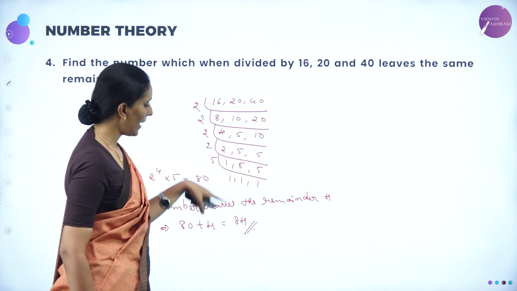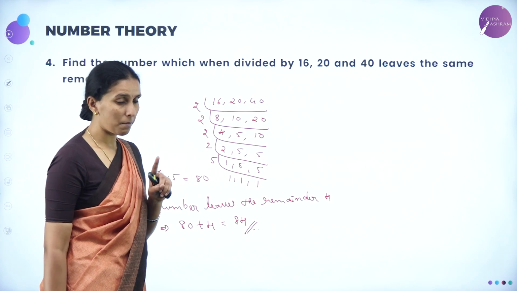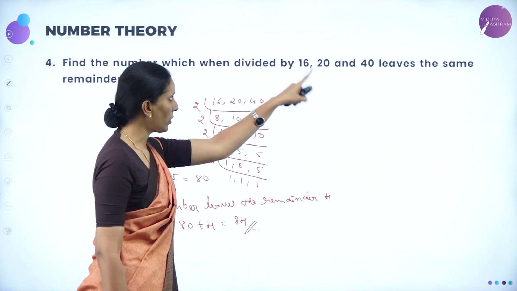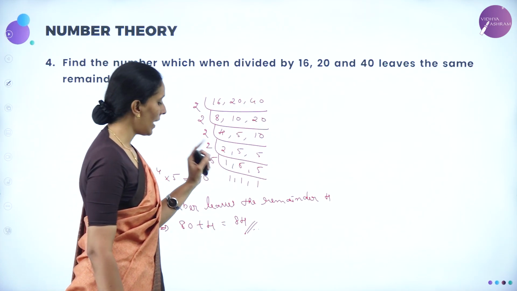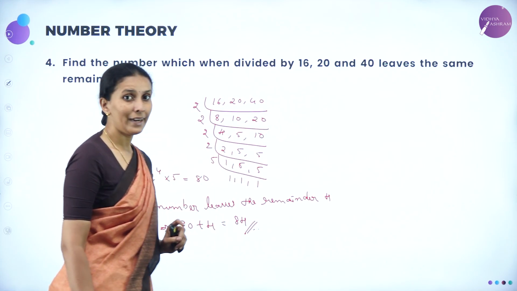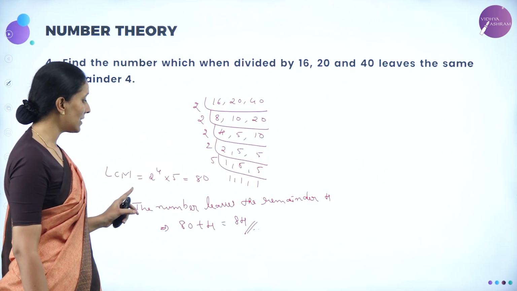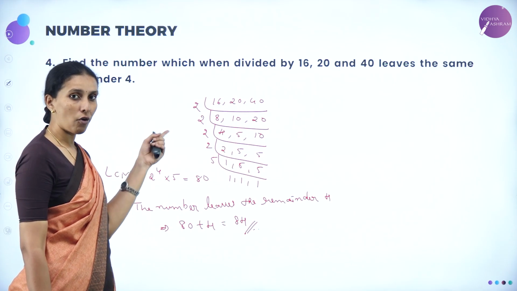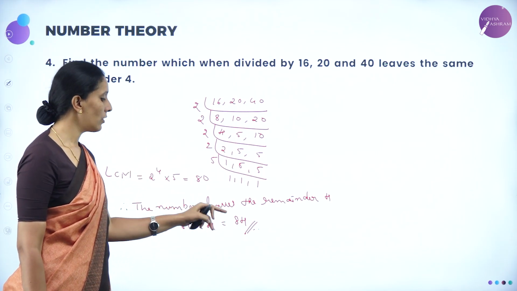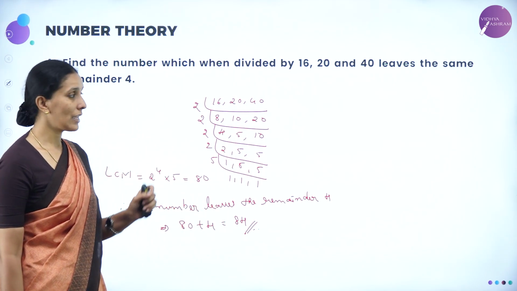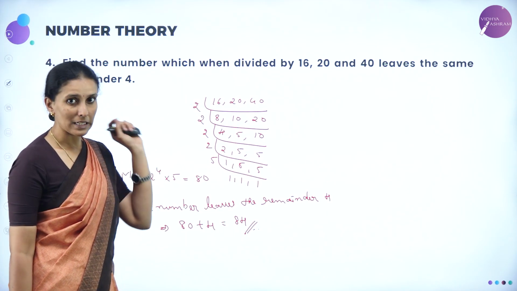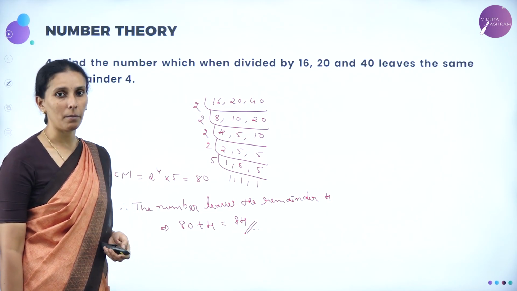When you divide 84 by 16, it leaves the remainder 4. When you divide 84 by 20, it leaves the remainder 4. Again, when you divide 84 by 40, it leaves the remainder 4. So 84 is the number which, divided by 16, 20 and 40, leaves the remainder 4.